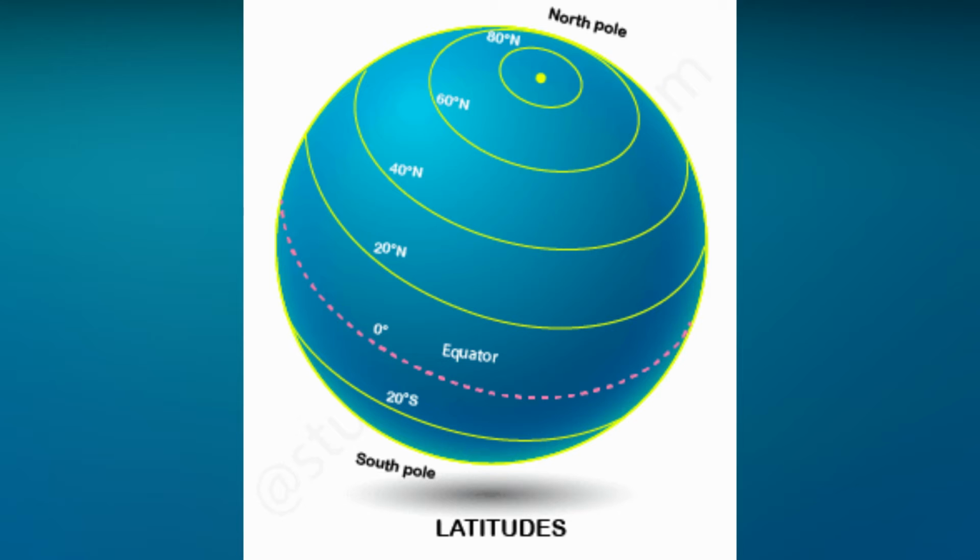Places between the Tropic of Cancer and the Arctic Circle in the north, and between the Tropic of Capricorn and the Antarctic Circle in the south, have a moderate climate. Places to the north of the Arctic Circle and to the south of the Antarctic Circle have a very harsh and cold climate.